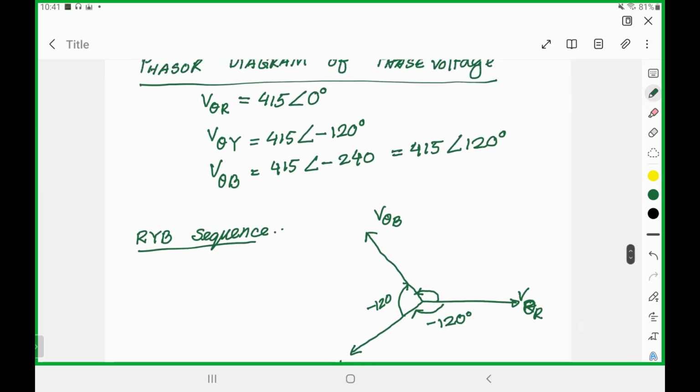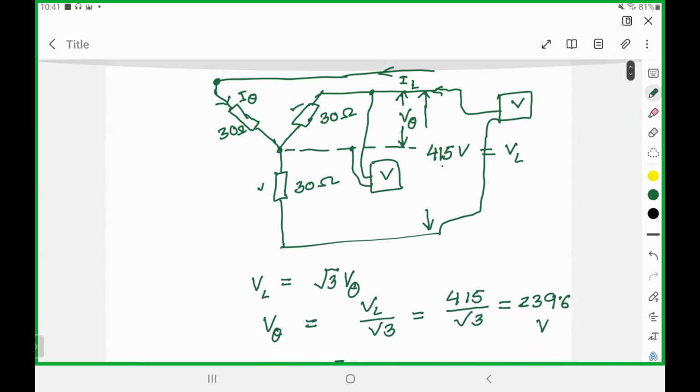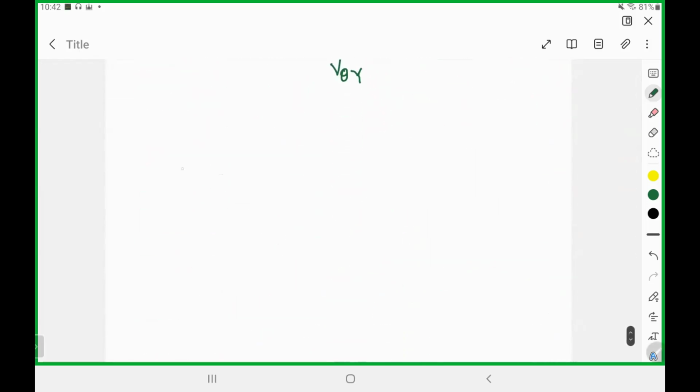Now about the phasor quantity. Now we can draw here the phasor, the circuit itself, and then try to explain how we can find out the phasor quantity.